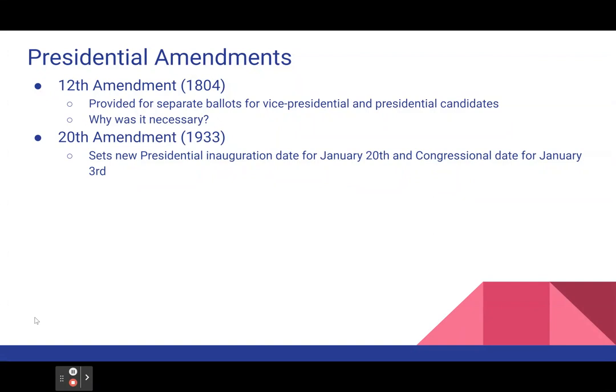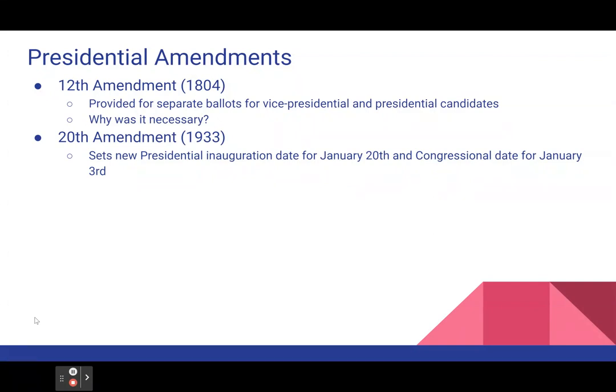So there's no reason why you need 4 months. And being a lame duck president means that once you've either lost your reelection bid or after your 8 years, you're done being president. And so in that time between November and inauguration, you're just sitting there doing nothing. That means you're a lame duck.